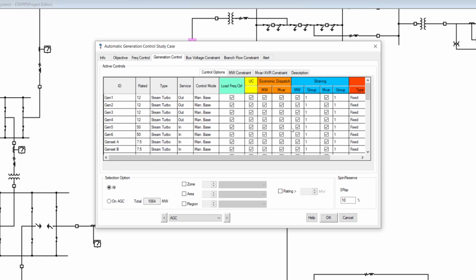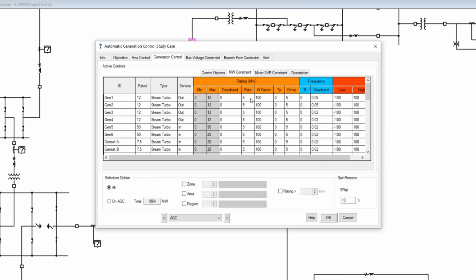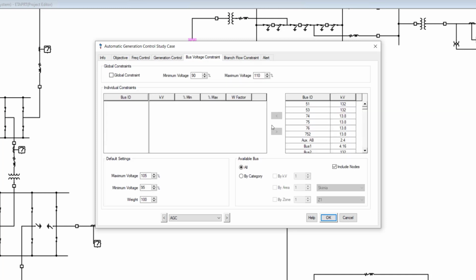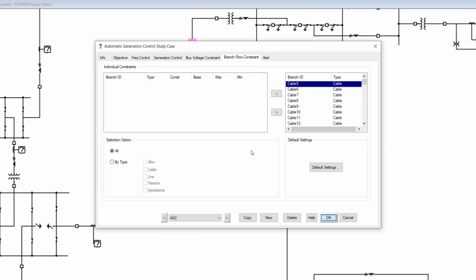on economic dispatch, so we can see that we can set up economic dispatch for our generators for megawatt and megawatt both. And we can determine which megawatts are constrained. We can also establish the AVR constraints, the bus voltage constraints, just like we did in OPF, as well as the branch flow constraints.